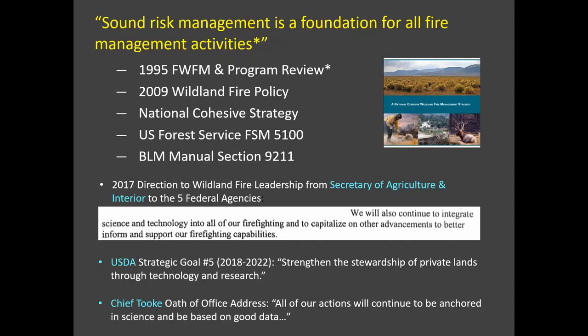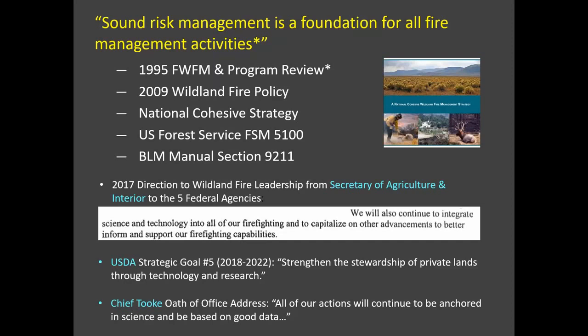we see this being brought to our attention that we need to continue to use these things in the federal agencies. So the one is from 2017, which was the direction from the Wildland Fire Leadership from the Secretary of Agriculture and Interior to the 5 federal agencies, which stated we will also continue to integrate science and technology into all our firefighting and to capitalize on other advancements to better inform and support our firefighting capabilities.